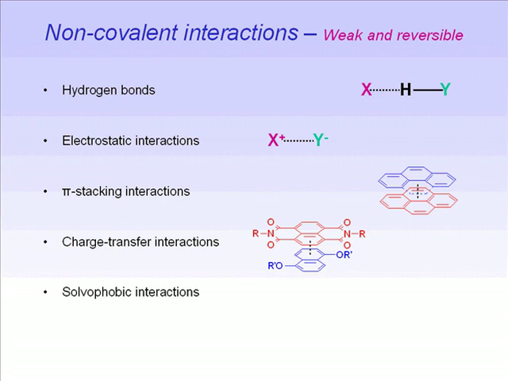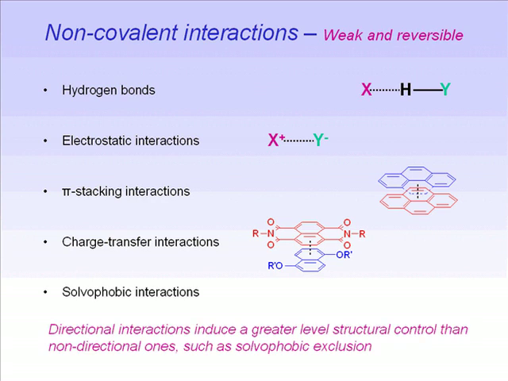Similarly, electrostatic interactions between oppositely charged ions. And then there are pi stacking interactions, which occurs when you have extended p orbitals which have lone electrons in them, such as this. We have extended pi conjugation in this, an aromatic ring system, which has interactions with other aromatic ring systems in this fashion.